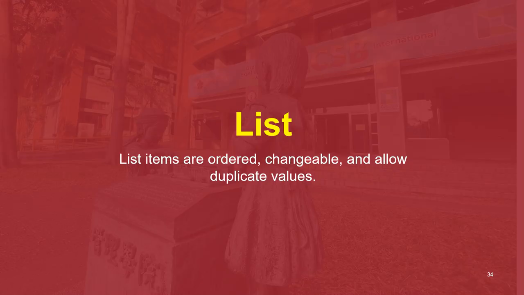And the other is list. List has an order, and it is changeable. That means we can store different items. For example, we can use the square bracket to include different variables, like 111, 112, 113, so we can put three things in our list.